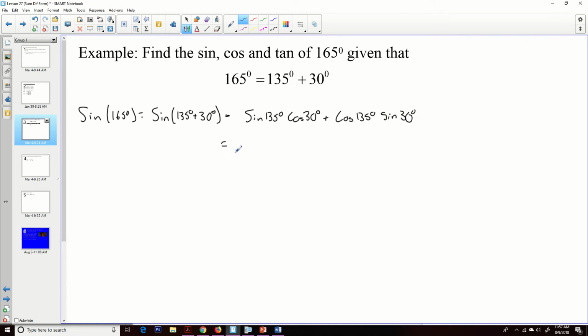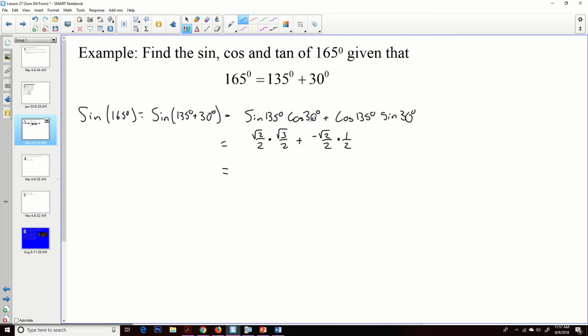Well, we can calculate all of those in our head. Hopefully you've got that down, but if you don't, then you need to get that down. Pull out your unit circle cheat sheet. The sine of 135 degrees is square root of 2 over 2. The cosine of 30 degrees is square root of 3 over 2, plus the cosine of 135 degrees is negative square root of 2 over 2, and the sine of 30 degrees is a half.